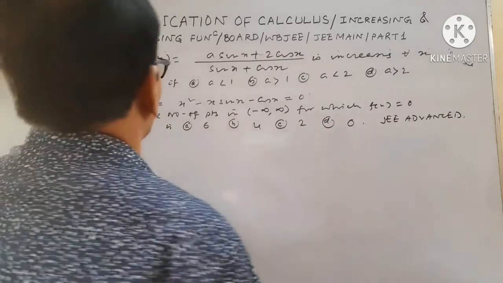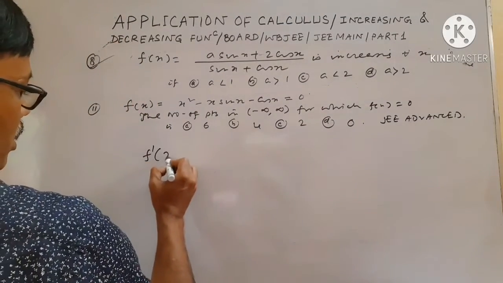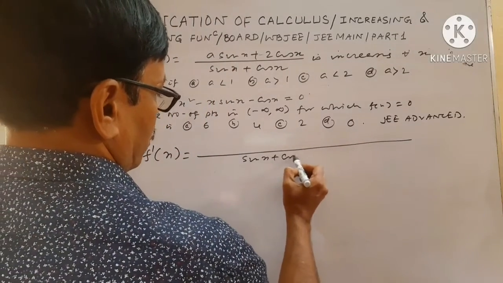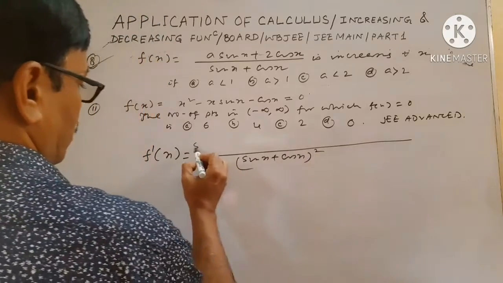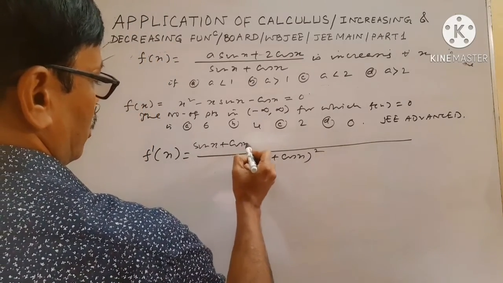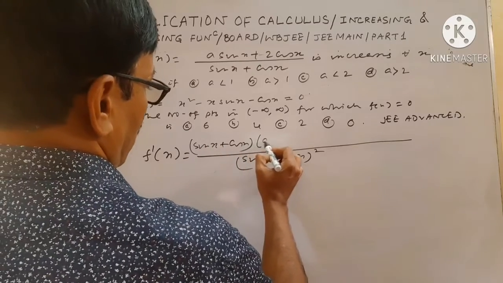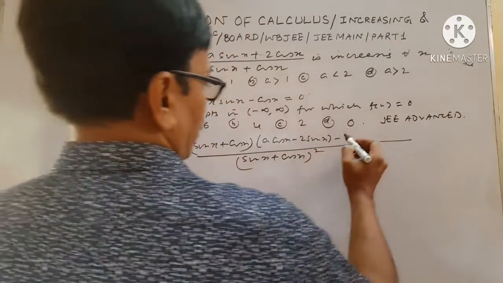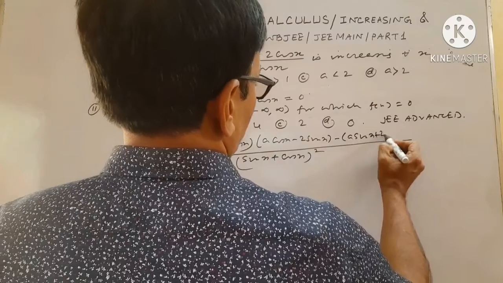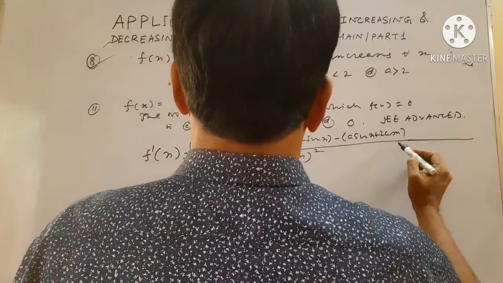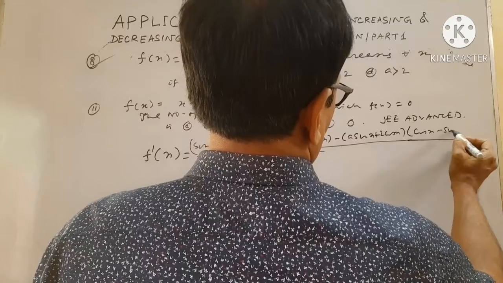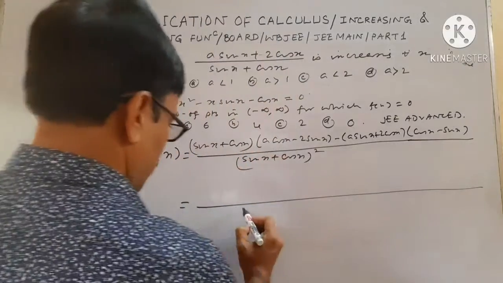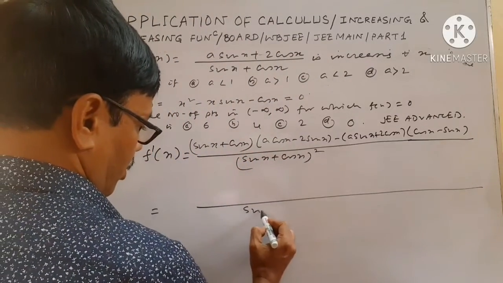So for increasing, you find f dash x: (sin x plus cos x) whole square, (sin x plus cos x) unchanged, a cos x minus 2 sin x minus (a sin x plus 2 cos x) unchanged. So this is cos x minus sin x. So this is obviously positive.